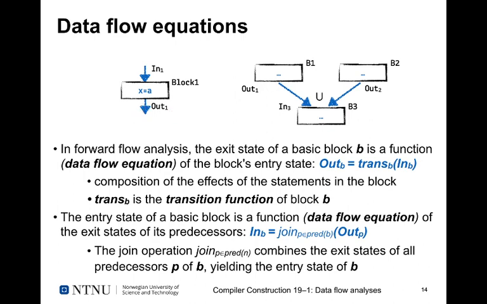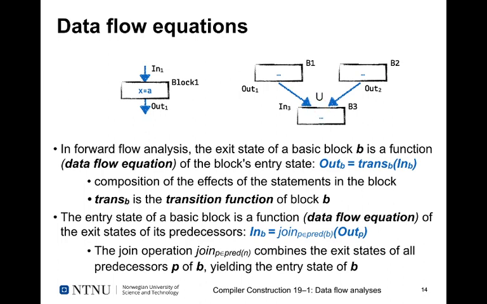Now, this is simple as soon as we have a single basic block. What happens if we have some join of control flow? Then we have to consider both paths we are arriving on. For example, we have a path going via B1 and another path going via B2, and they join here in block B3.